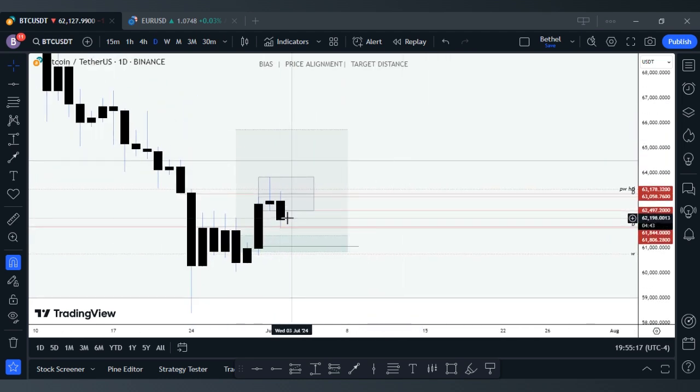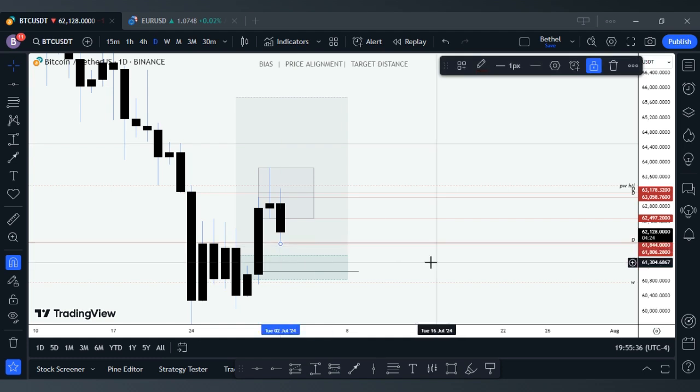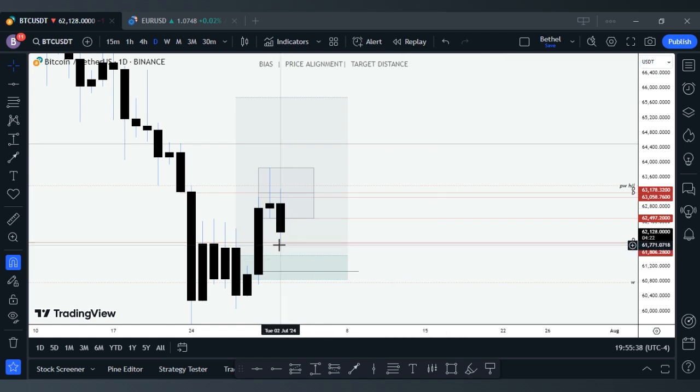I'm like 50% sure it's going to come back to this, but I won't be taking that risk because of this area. Okay, just have to wait. So we have like 4 minutes left for this daily to close on BTC. We already have price spike into this area. So what I will look at is how price performs tomorrow. We already have these daily lows there.